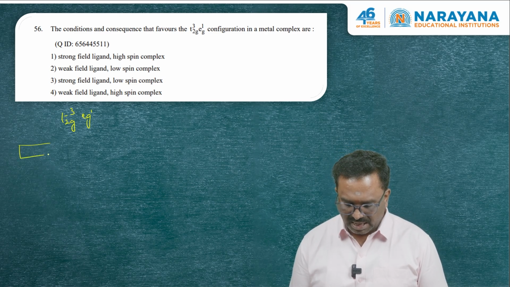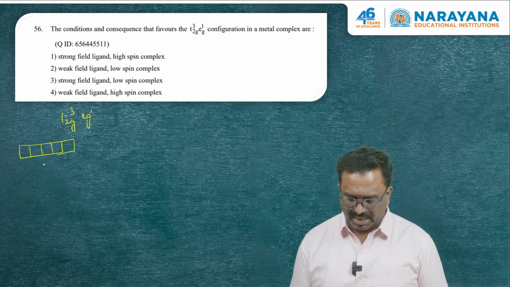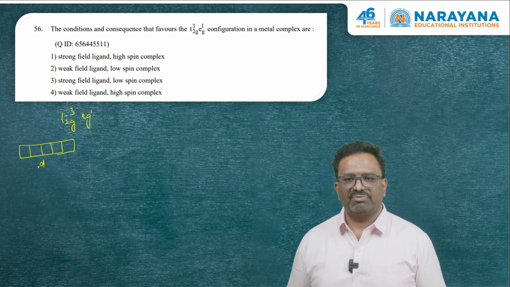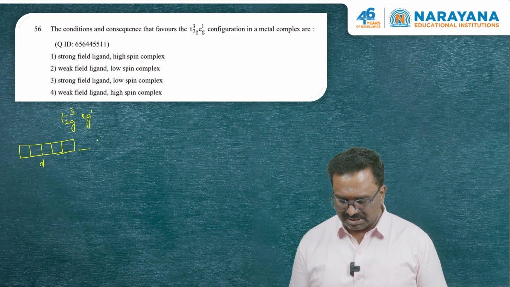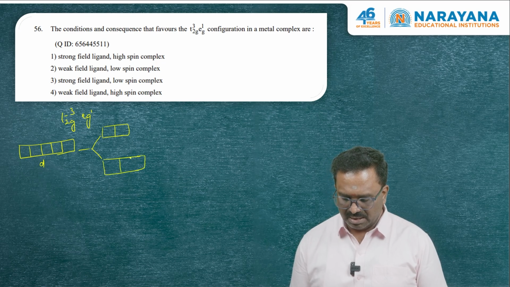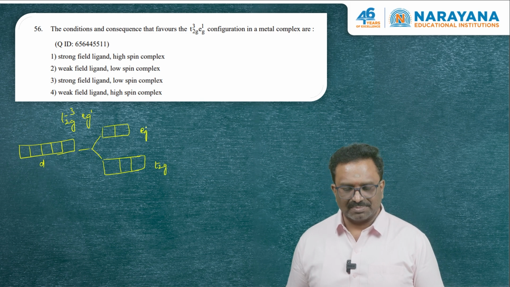Actually, the d orbitals are in a degenerate state, all the 5 d orbitals are of equal energy in absence of an external field. But in case of octahedral complexes, the splitting of these d orbitals takes place into two energy levels. One is t2g and another is eg.